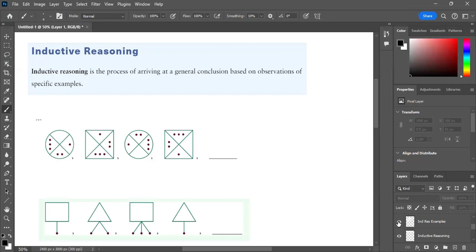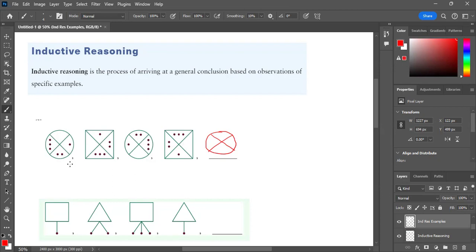If I look at that top row of figures, and I ignore what's going on inside each shape, and I just look at each shape, I can see it goes from a circle to a square to a circle to a square to a, and in your minds, you probably thought circle. So I am thinking the same thing. It's got to be some round shape. Now I see that each of these shapes has an X through it, dividing it into four pieces. So I'm going to keep that because that stayed the same from shape to shape.